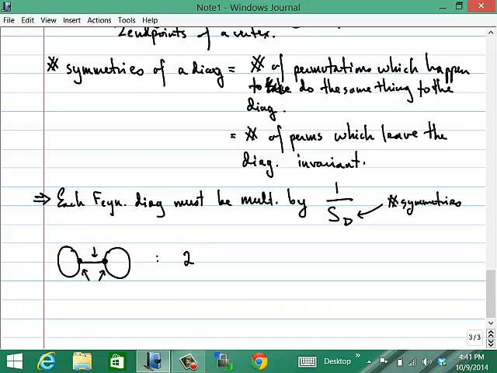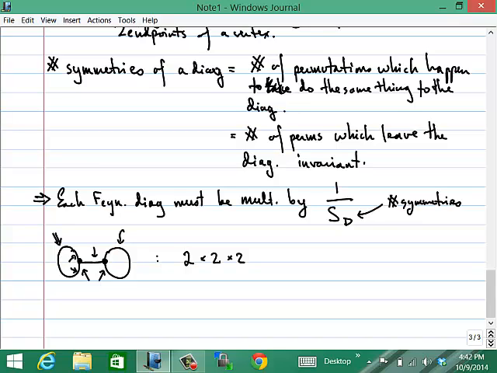And then you could imagine taking this propagator here and interchanging the 2 endpoints of that propagator. That'll be the same as interchanging that line and that line, which is another one of the allowed symmetries. You can rearrange the lines that come out of each vertex. So you'll get a factor of 2 from there, and then another factor of 2 from being able to do the same thing to that propagator. Is that clear, more or less?